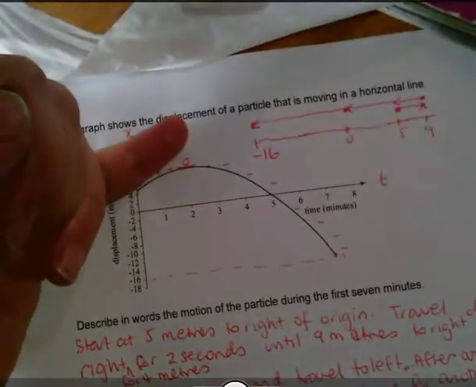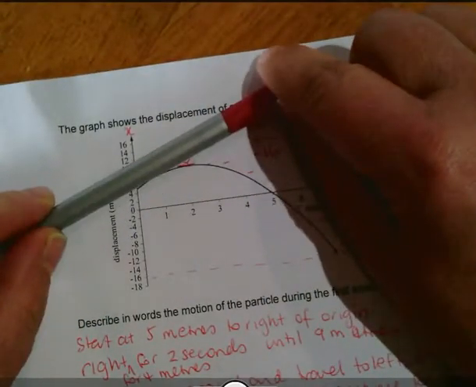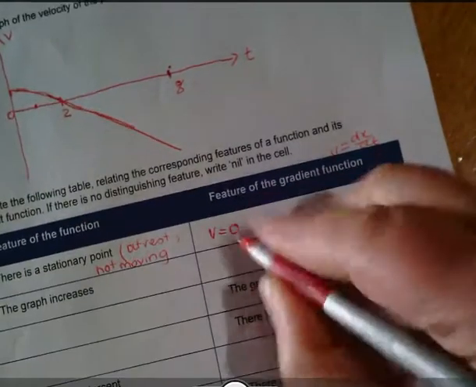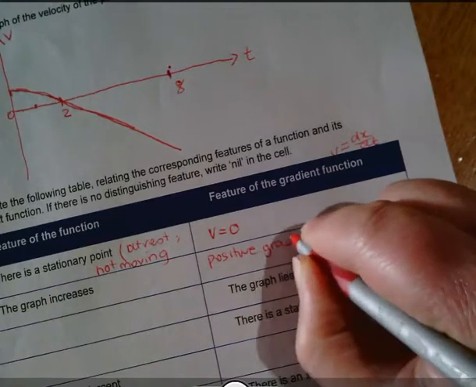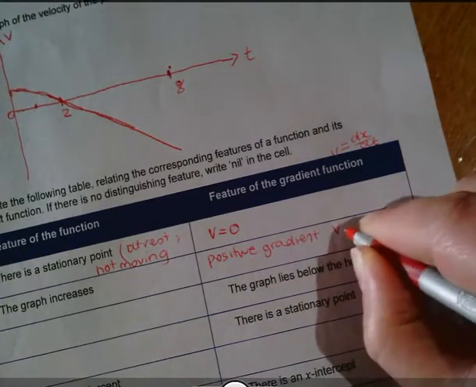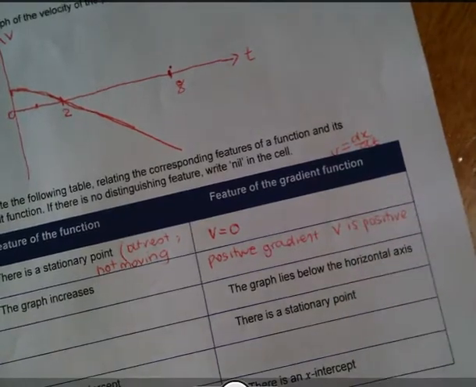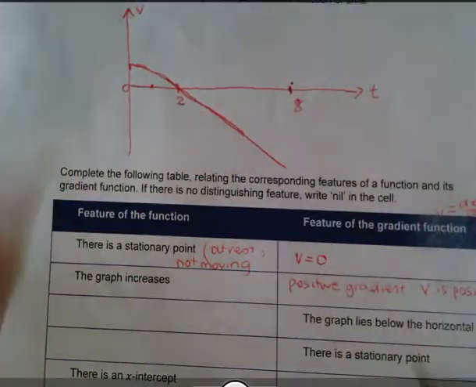Okay, now, if my graph increases, remember I've got a positive gradient. So a feature of the gradient function: I've got a positive gradient. In other words, velocity is positive. I have positive values for velocity. So if I've got v here, and these are positive numbers up here, okay?